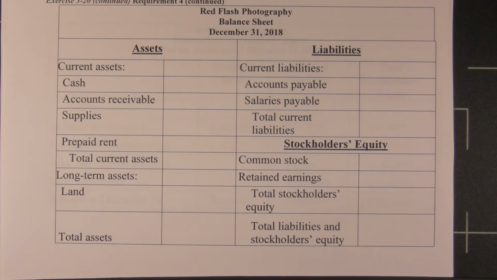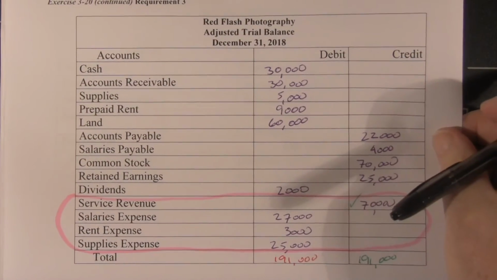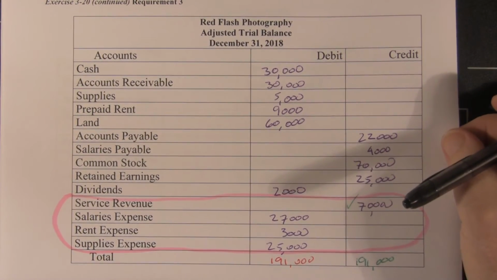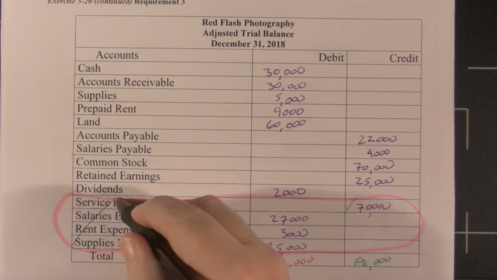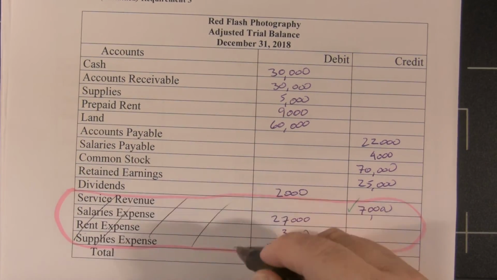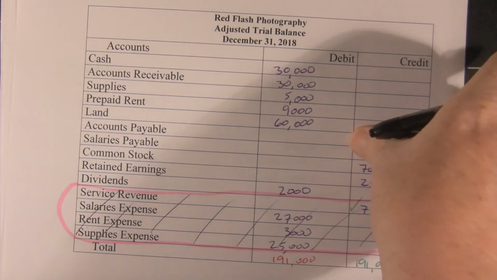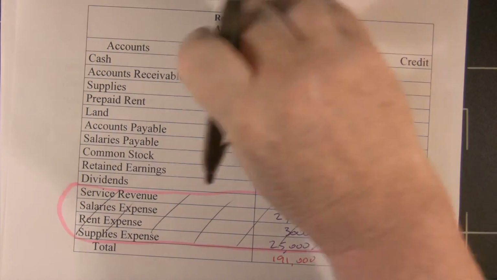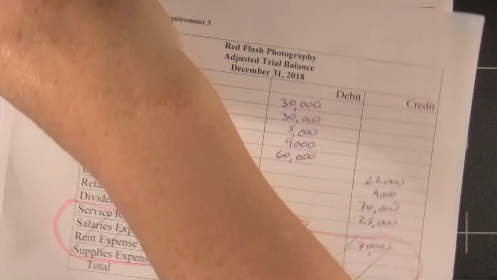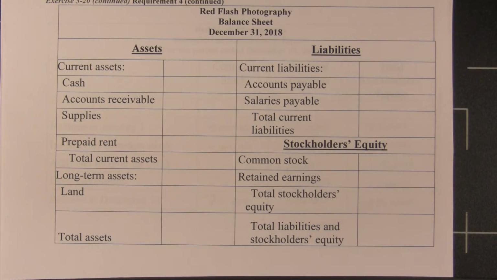And we're just going to go back to our adjusted trial balance, and we're going to pick up those numbers. Now remember, these have already been closed to retained earnings, so we have to make sure we account for those adjustments.